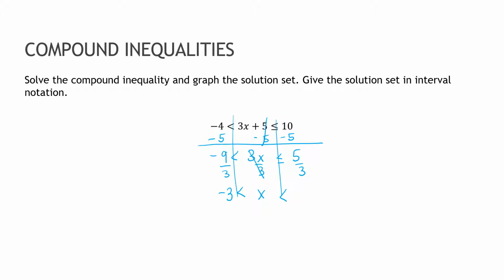On the right I have 5/3, so don't turn it into a decimal, it's just fine. Interval notation for this one is super easy because I'm just going to use the left-hand side, comma, the right-hand side. Because this is just a less than, that's an open bracket, and because this is an or equal to, that's a closed bracket.